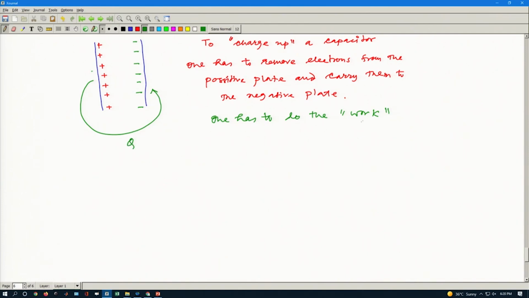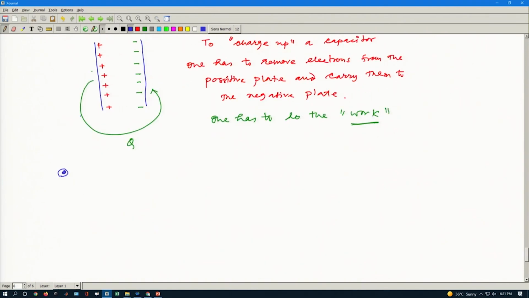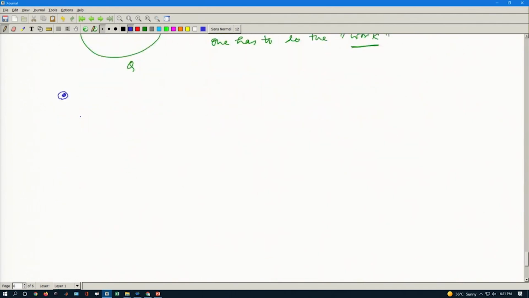So, one has to do some work to charge up the capacitor. So, that is the concept. Based on it, we are going to calculate the amount of energy stored here, because whatever work we do is eventually the energy stored in this capacitor.